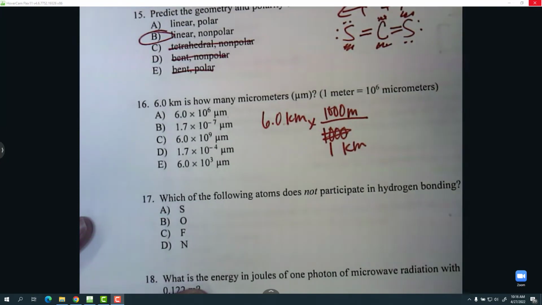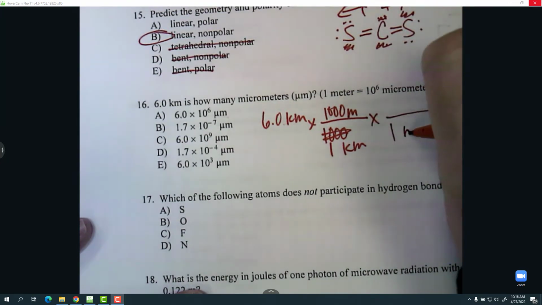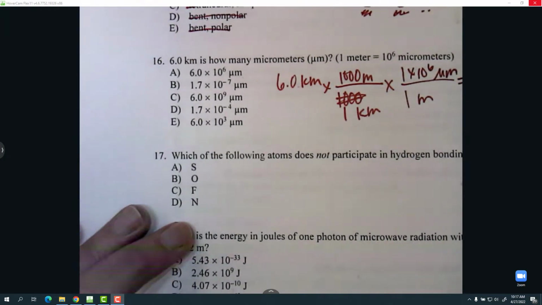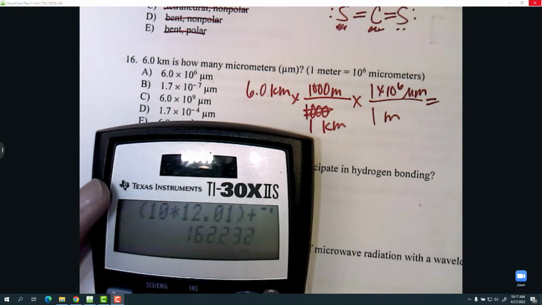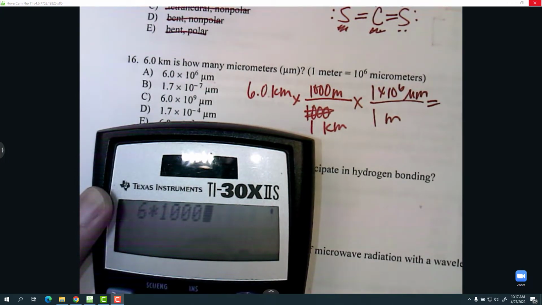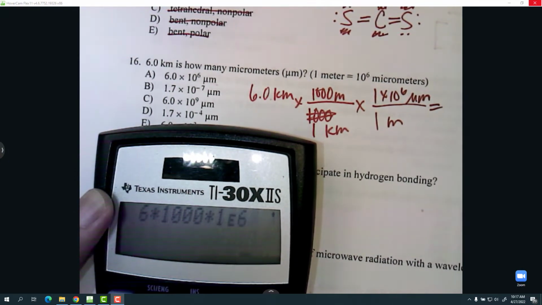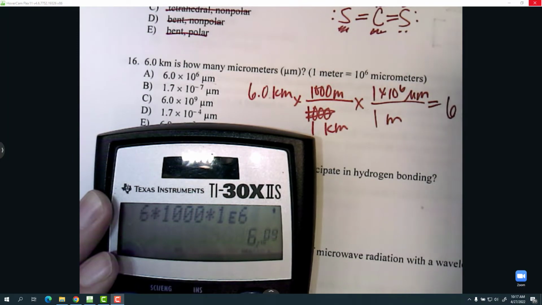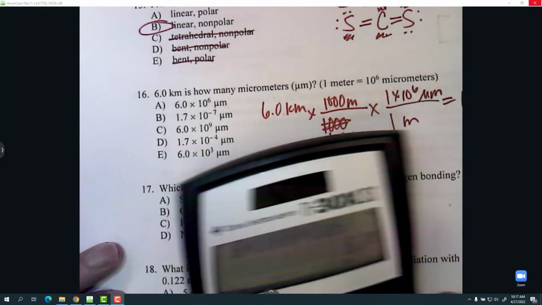And then 1 meter, it tells me, is 10 to the 6th micrometers. So I will take my 6 times 1,000 times 1 times 10 to the 6th. I get tons of zeros, so I'll convert it so I don't have to count them all. And I get 6 times 10 to the 9th, which is C.